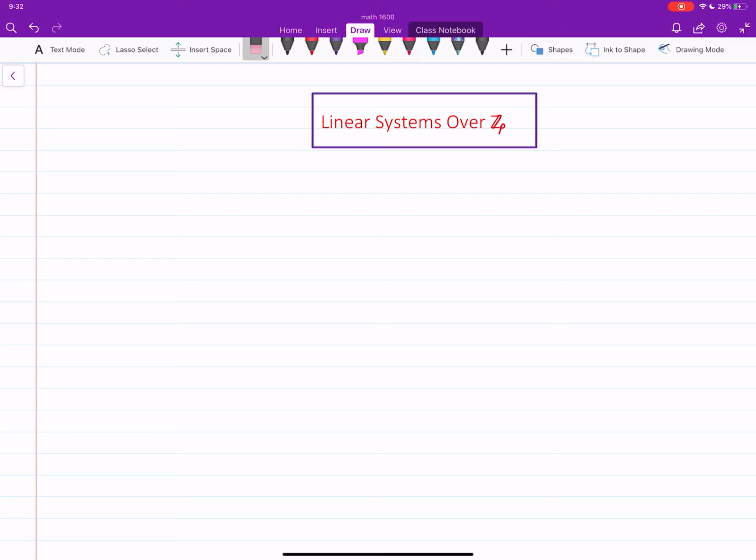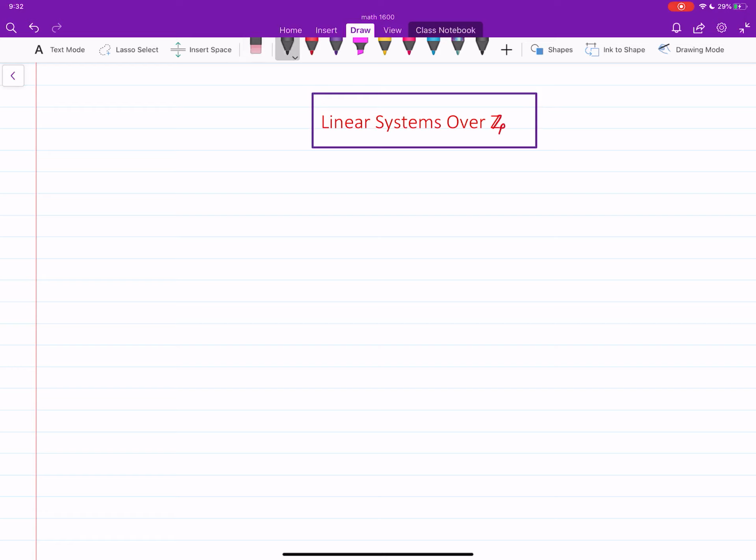Hi, in this video we will see how one can bring the integers modulo a prime number into the theory of linear equations and systems of linear equations.